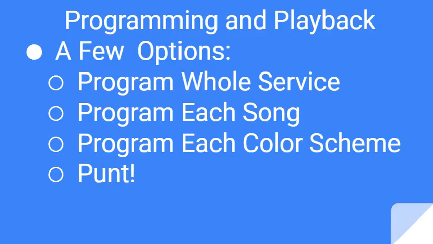And what is punting? Well, we'll get into that in the next videos below this. We're going to dissect all of these individually so that you can get a really good idea of how to program each system, basically, whether you're programming your whole service, each song, the color schemes, or you're punting, which is a terminology we use in the lighting industry to say you run everything live.